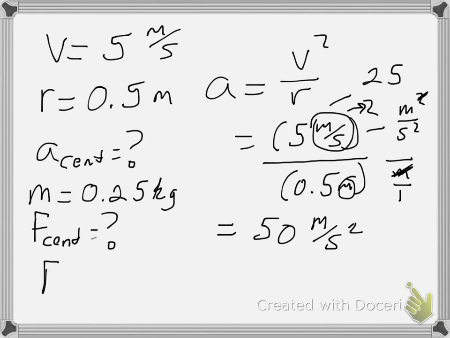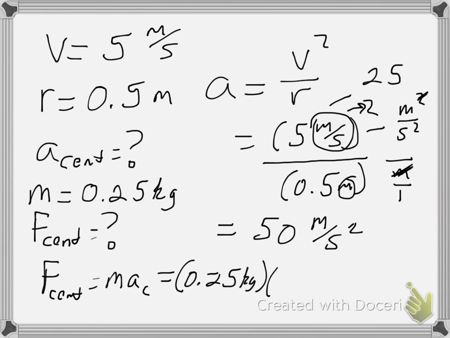Well, the centripetal force is just equal to m times a_c, which is going to be 0.25, not 0.5, but 0.25 kilograms times 50 meters per second squared, and that turns out to be 12.5 newtons.